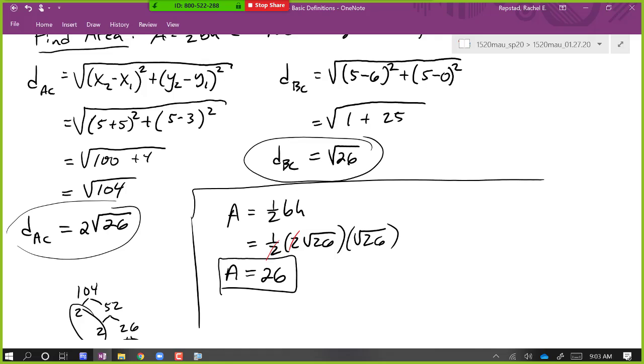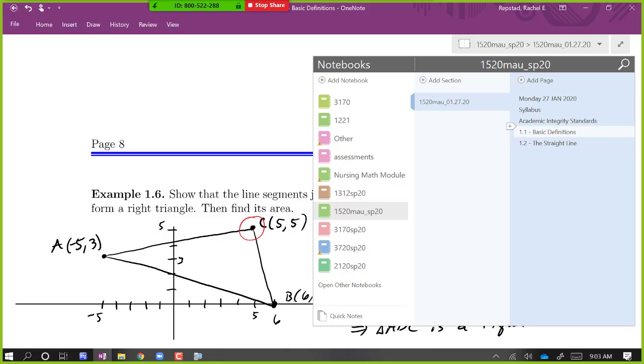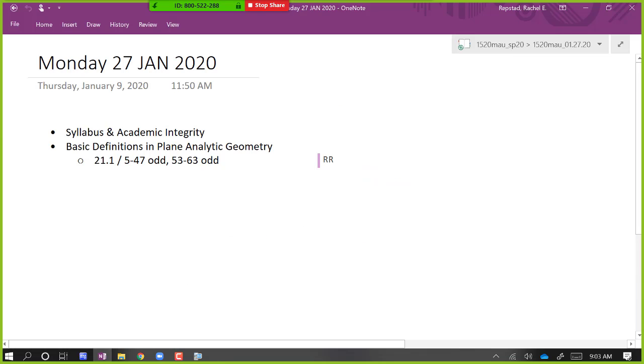Are there questions on this example? Okay. All right. So I think that's as far as I want to get today on new stuff. In class on Wednesday, we will continue on to do the next couple sections in this chapter on the straight line and the circle.